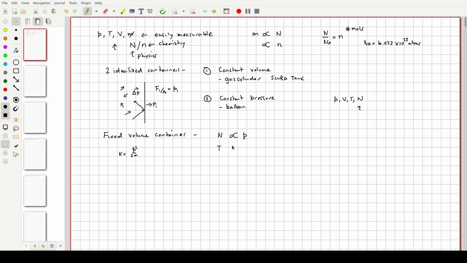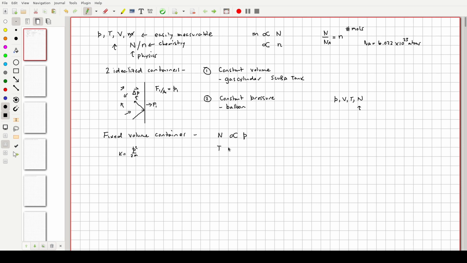So what that means is that there is a relationship between pressure and temperature. Remember, pressure is a consequence of collision. You have changes in momentum that occur. So when you increase the temperature of something, you're increasing the kinetic energy. As a consequence, you're increasing the momentum they have, and when they hit the walls of the container, they hit harder.